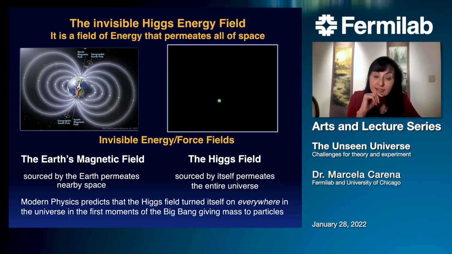And although it affects us, it does not pull us in any given direction. But we know it is there because it gives mass to particles. Our understanding in modern physics, or what Liz referred to as our standard model of particle physics, predicts that the Higgs field turns itself on everywhere in the universe in the first moments of the Big Bang, giving mass to particles.